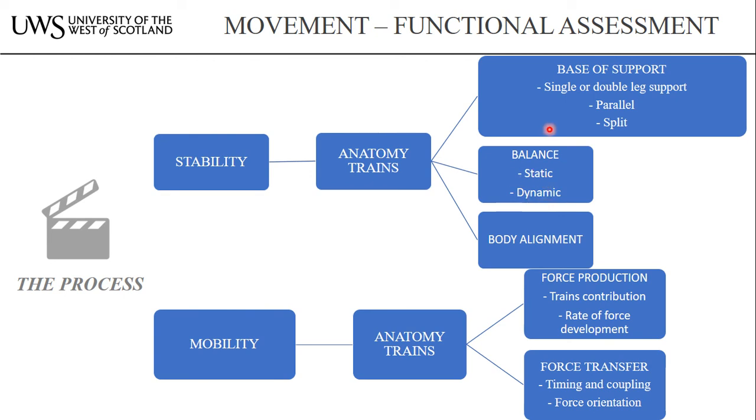We can classify the base of support, which could be single or double leg support, could be parallel depending on the specific feet position, or could be a split support. And finally, we look at the full body alignment by considering lines which run across the body and allow us to identify eventual misfunctional patterns.